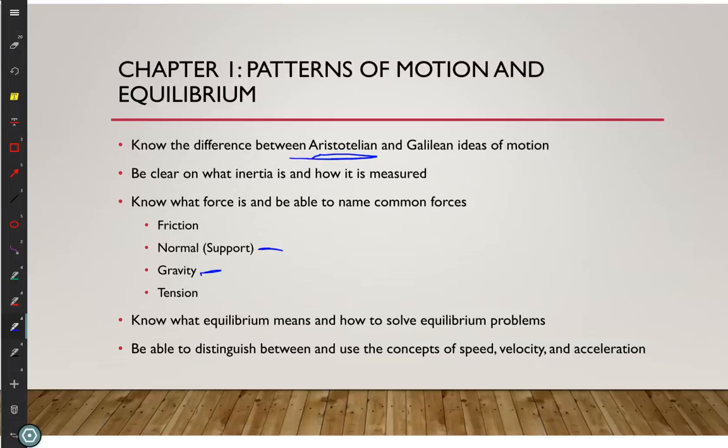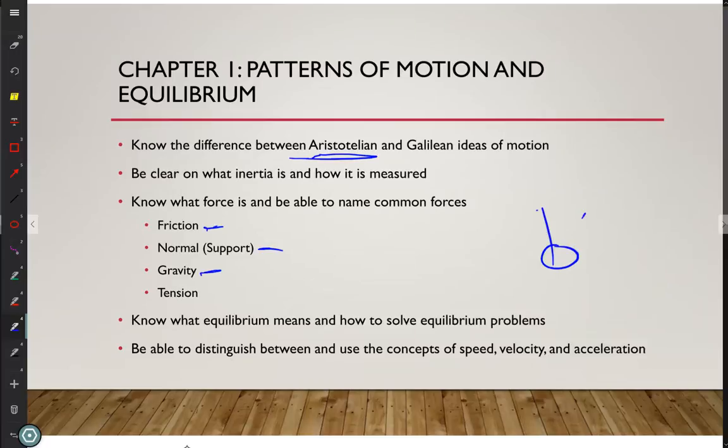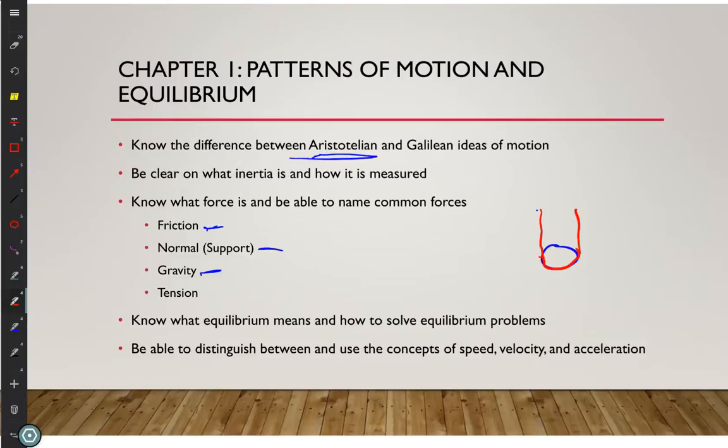Finally, tension. Tension is something that acts in ropes or strings, and the direction of tension is always in the direction of the string. And that homework problem that had the pulley, let's draw better lines, if you have a rope that's going around this pulley like this, you have the rope leaving two different places.